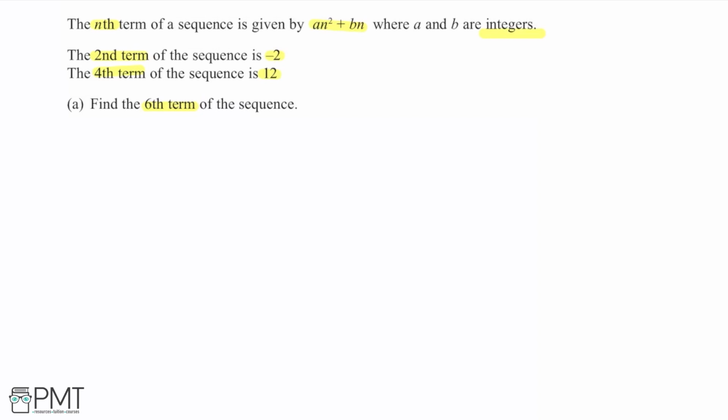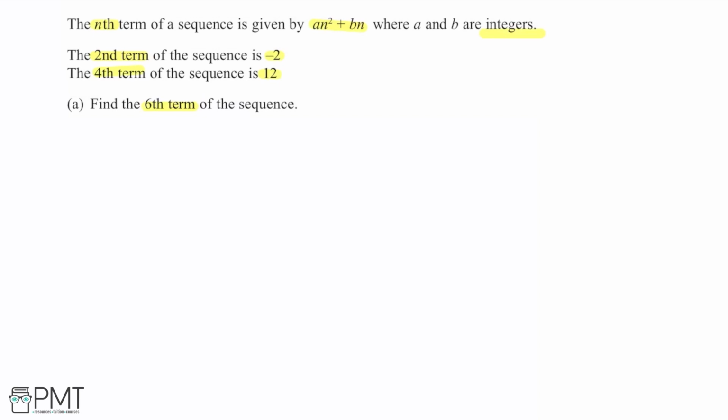So we have the second and fourth terms, so we can substitute these values in to work out the values of a and b, and we can solve a couple of equations simultaneously once we've put them together.